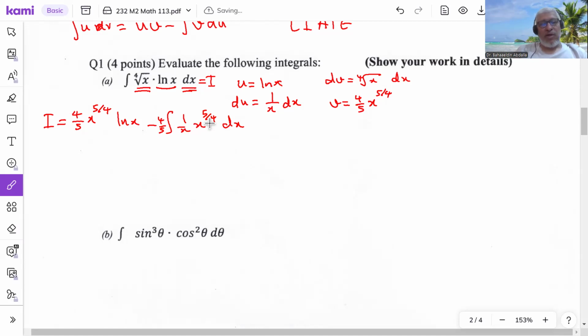So now to find the integral of x to the power 5 over 4 times 1 over x, I subtract the powers. I have x to the power 5 over 4 over x, so x to the power 5 over 4 minus 1.